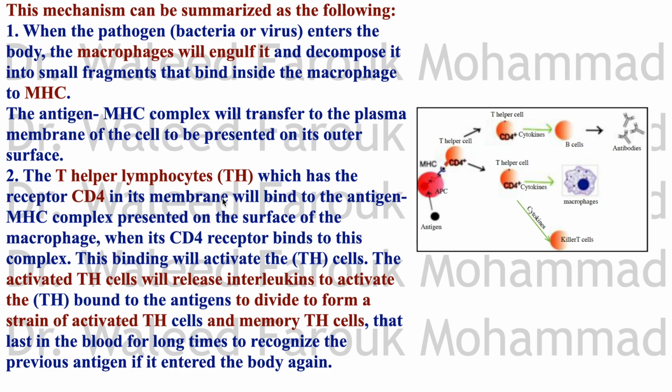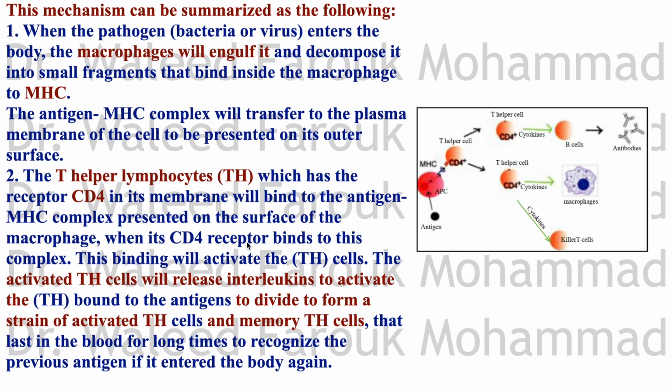CD4 ده in its membrane will bind to the antigen major histocompatibility complex. ايه اللي هيحصل بعد كده؟ ده will activate T helper cells. يبقى ال T helper cells او T helper lymphocytes عليها ريسبتور اسمه CD4.